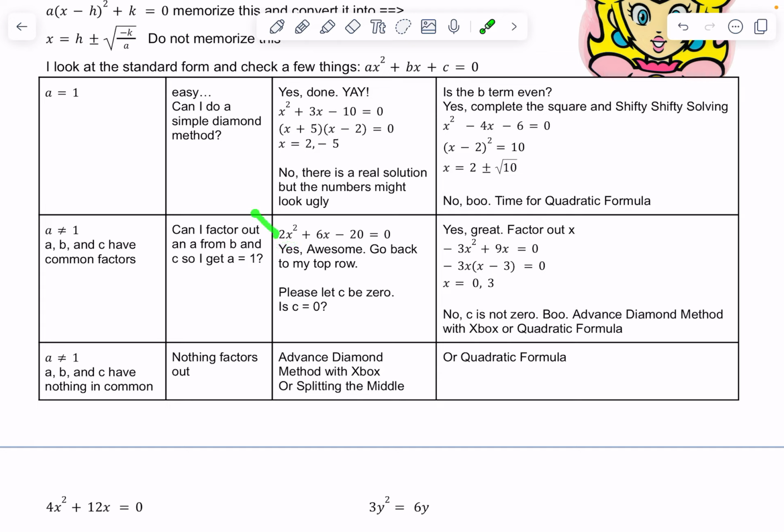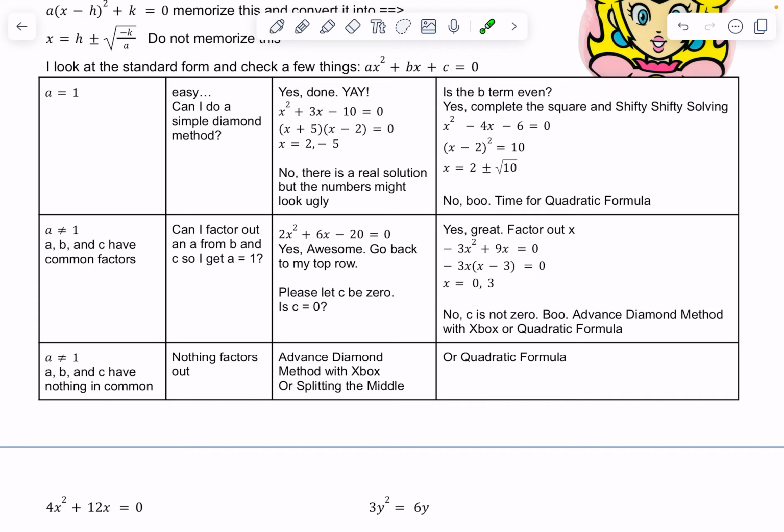And I can go back to this one and check my steps. If I factor out a 2 out of this whole equation, it ends up looking like this. I actually just chose that, multiplied everything by 2. You'll end up with this exact same solution for that. So yes, that's great if I can factor out and turn it into 1.